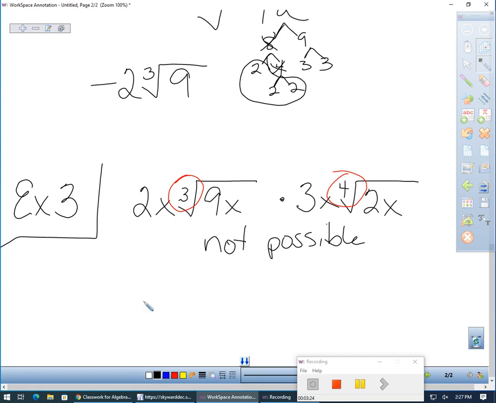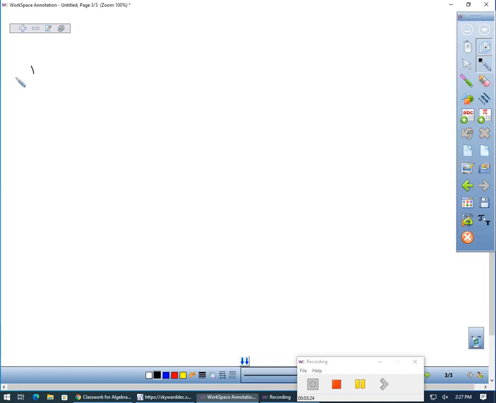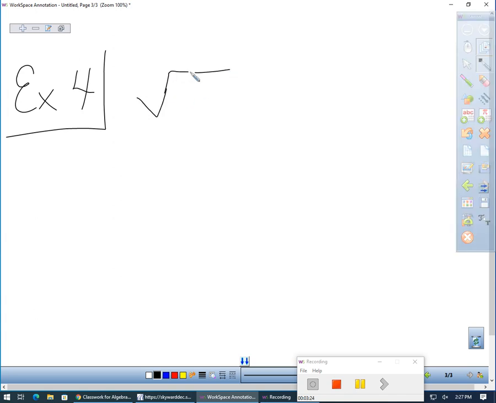Okay? All right, example number 4. It starts to get a little harder. All right, let's go with the 4th root of 8x to the 3rd times the 4th root of 10x to the 7th.